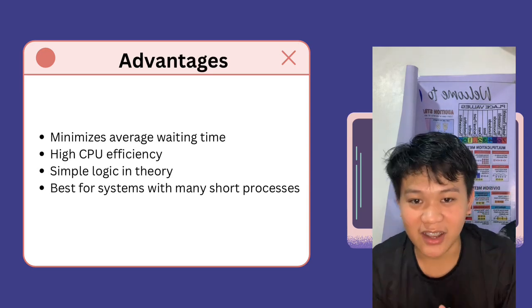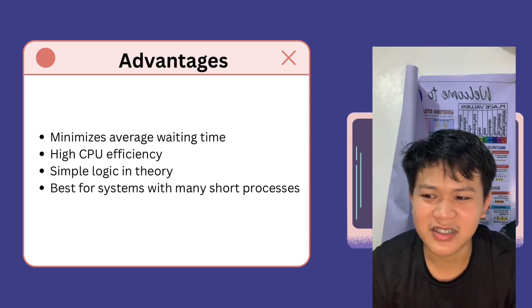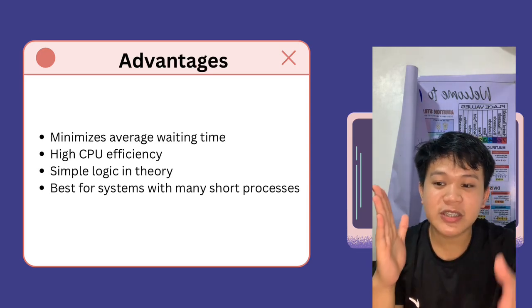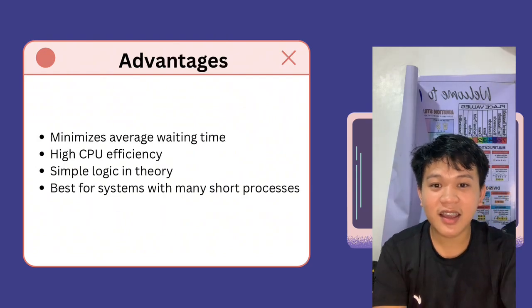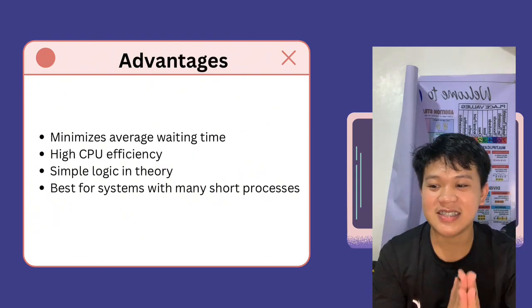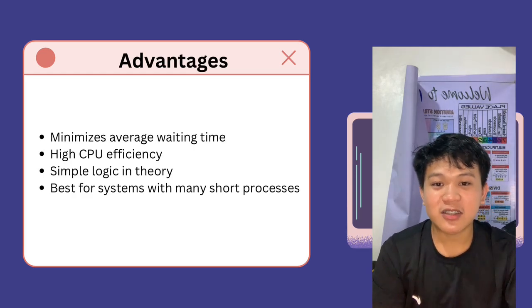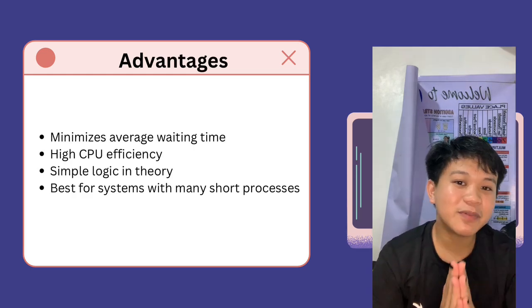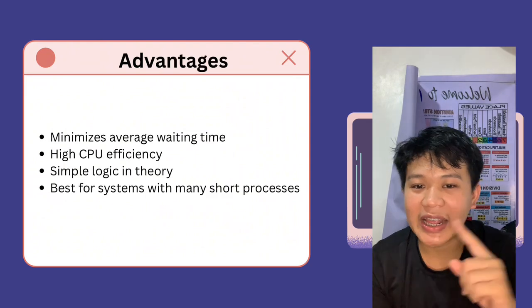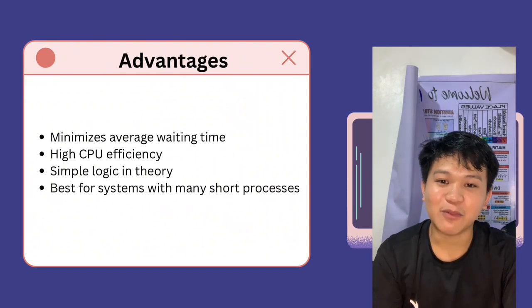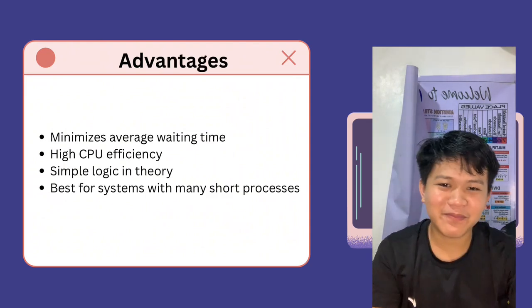So, SJF has several advantages. First, it produces the minimum average waiting time. Second, it improves CPU efficiency. Third, it is easy to understand conceptually because short processes finish quickly. More jobs are completed in less time.